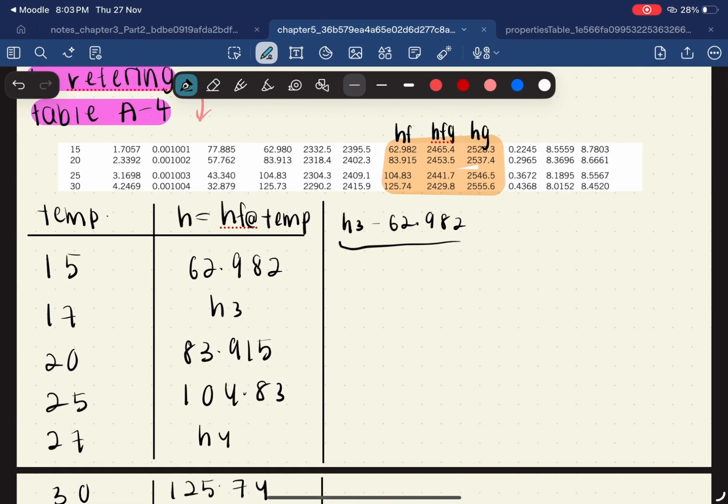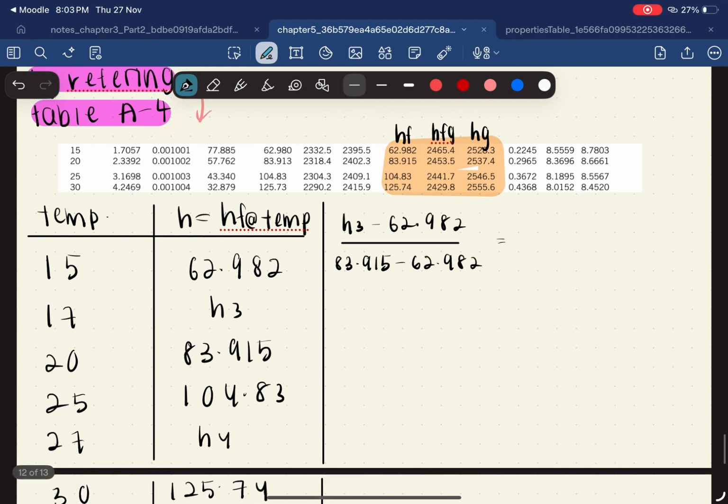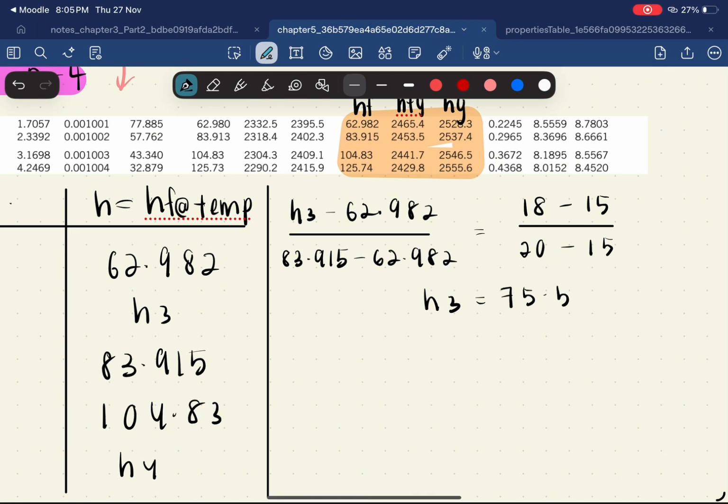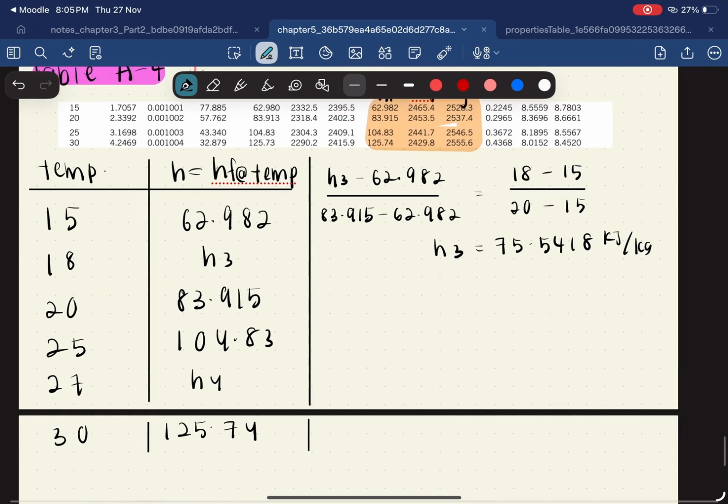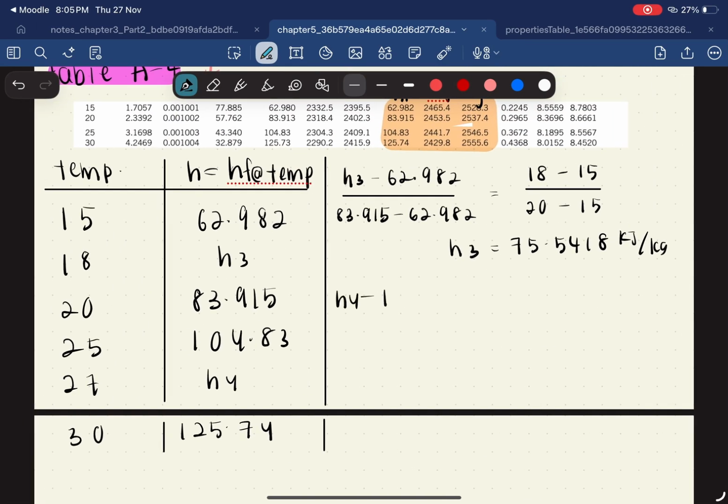Then we will write the interpolation equation for h3 to find its value. The value of h3 is 75.5418 kilojoule per kilogram.